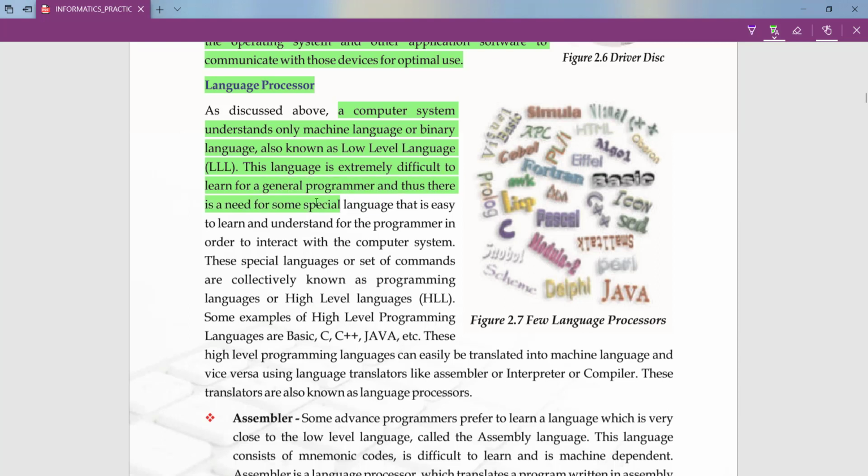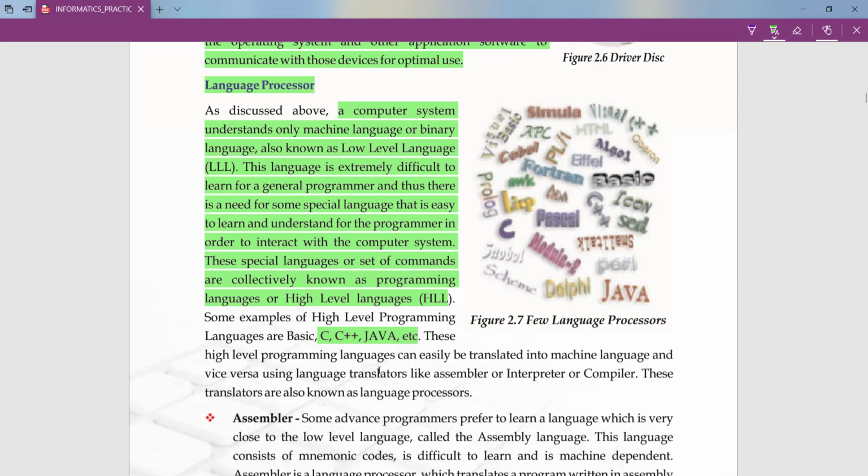Thus, there is a need for some special language that is easy to learn and understand for the programmer in order to interact with the computer system. These special languages and sets of commands are collectively known as high level language, and high level language programs are C, C++, Java, Python, etc.